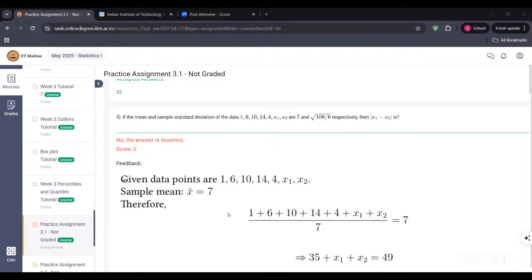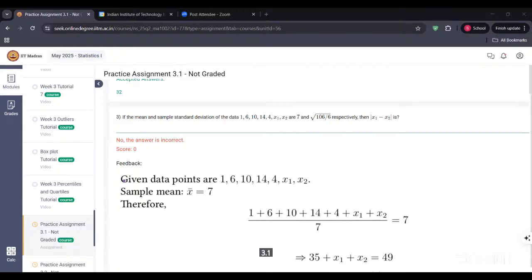Ma'am, the question is different, ma'am. The sample mean, is it for which activity or practice assignment? The sample mean practice assignment. Practice assignment, which one, 3.1 or 3.2? Of 3.1.